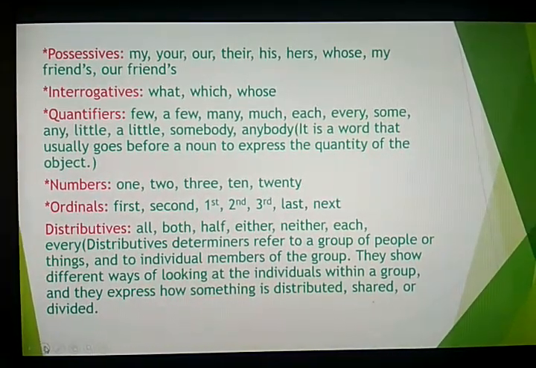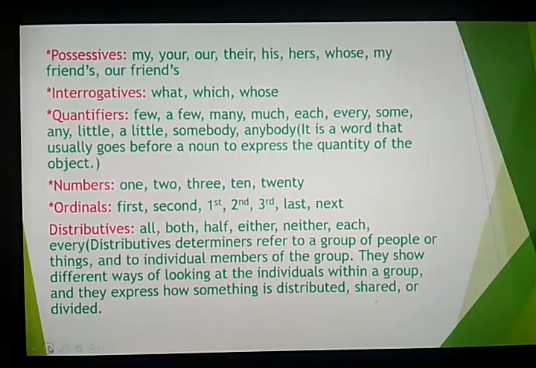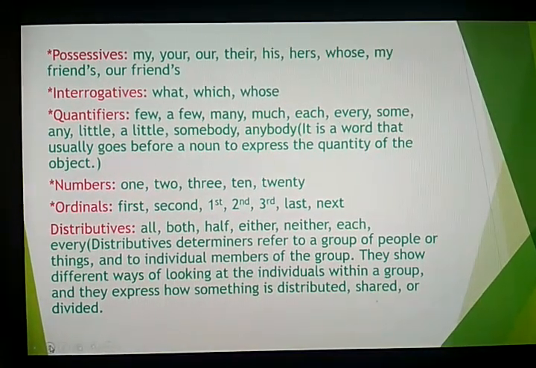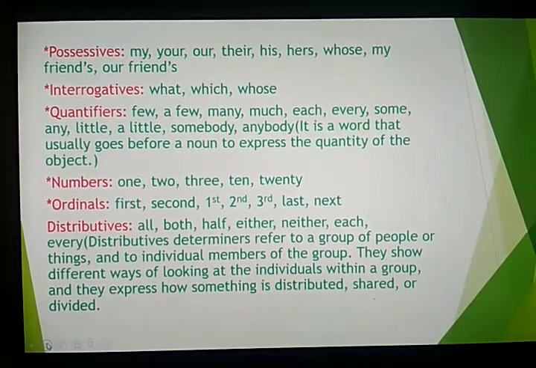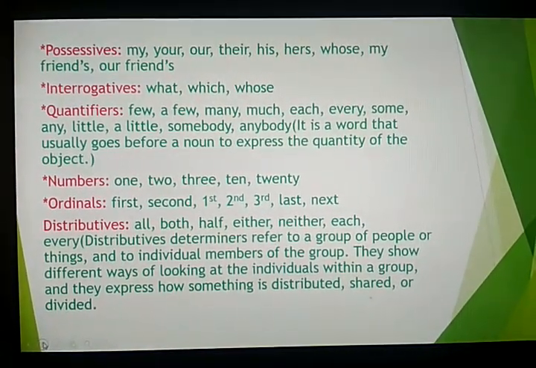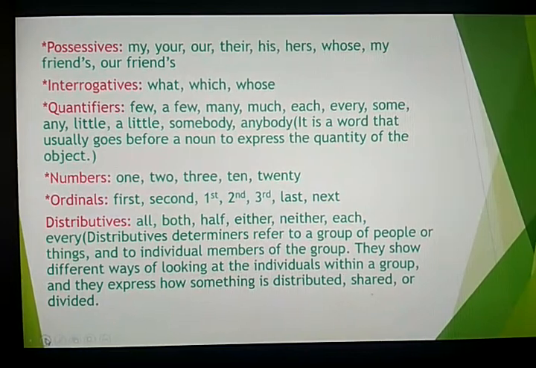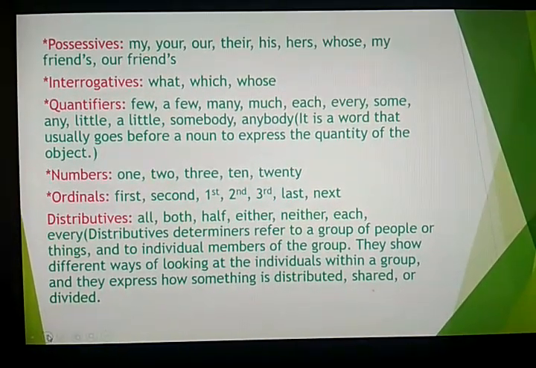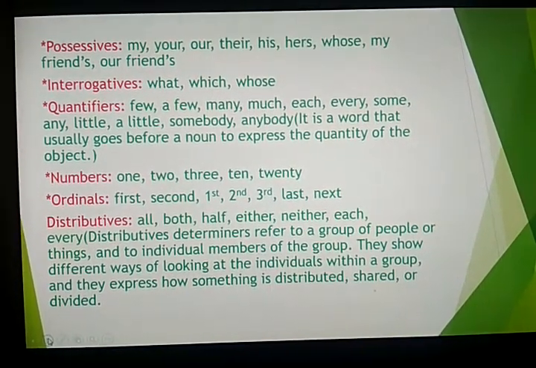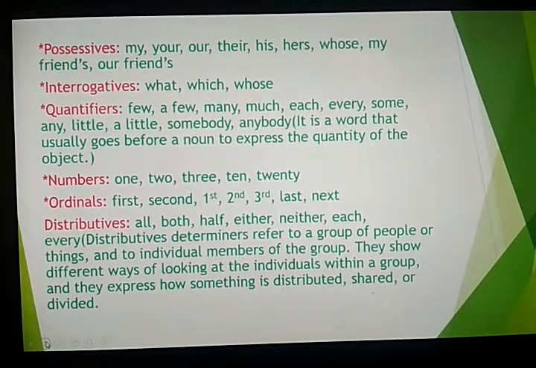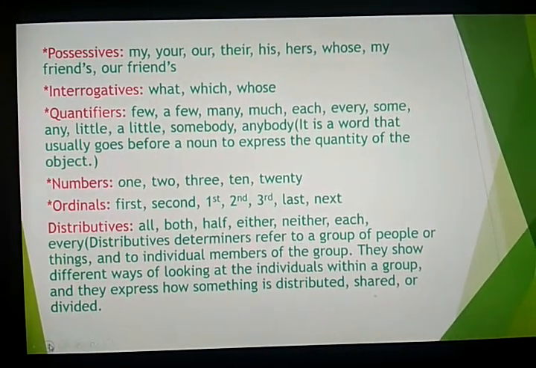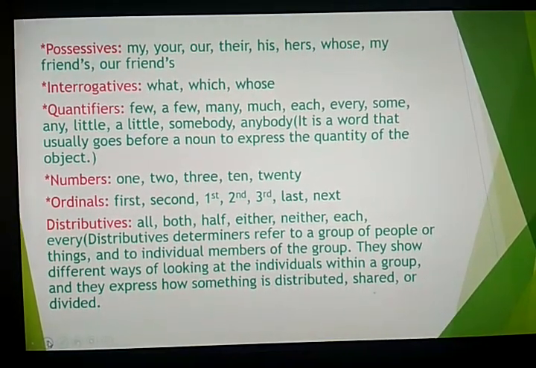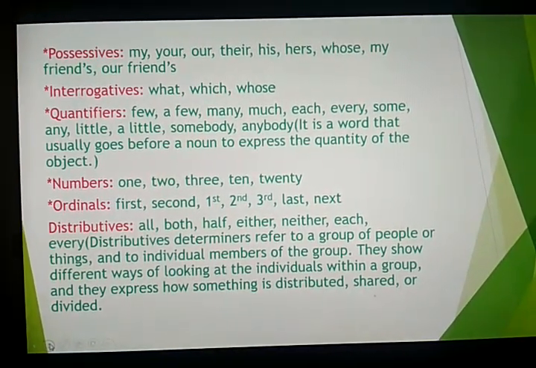Now the last one we have is distributives. Distributives, you know what is distributive? Division, which is shared or divided or distributed. So whenever we talk about division or sharing, at that time we will use the distributive determiners like all, both, half, either, neither, each, every.